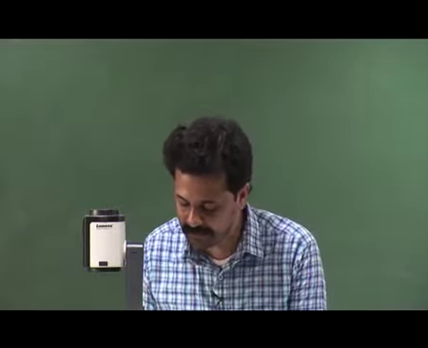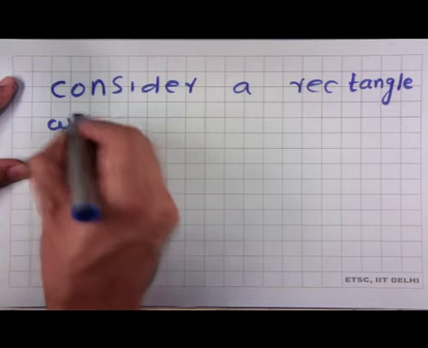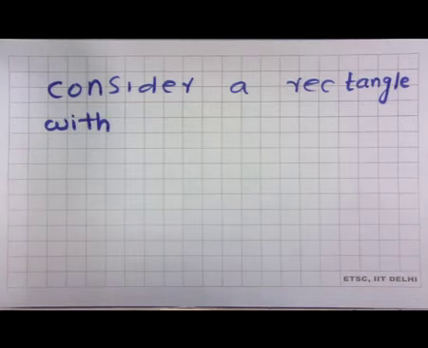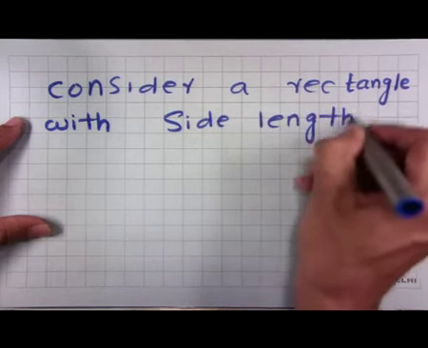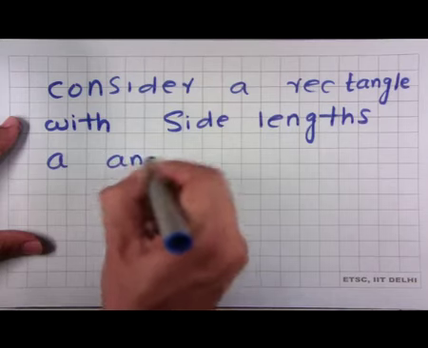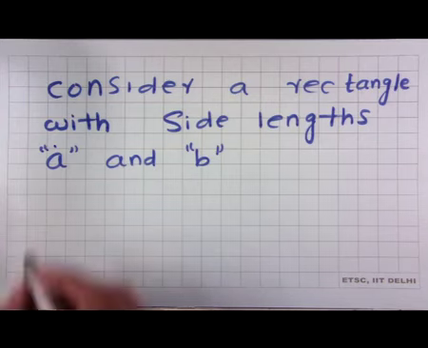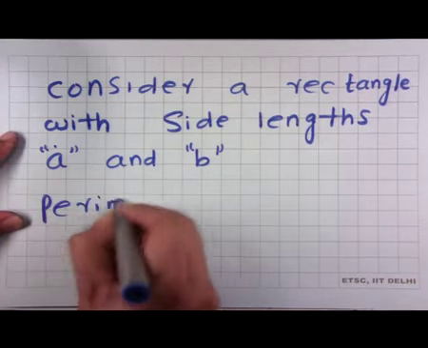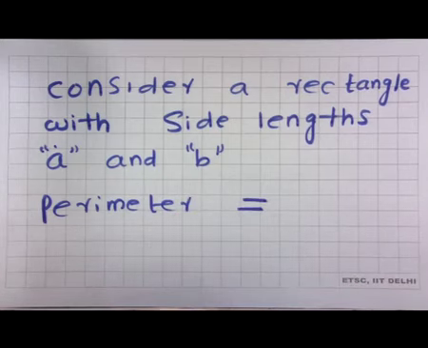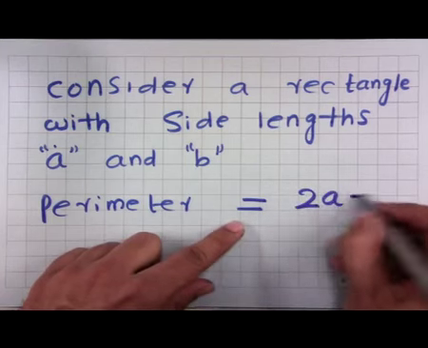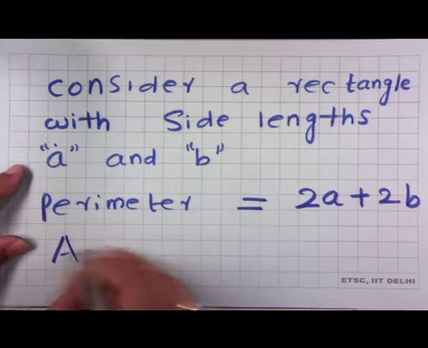Consider a rectangle with side lengths A and B. Then perimeter of the rectangle will be sum of all sides, which is 2A plus 2B, and area is AB.